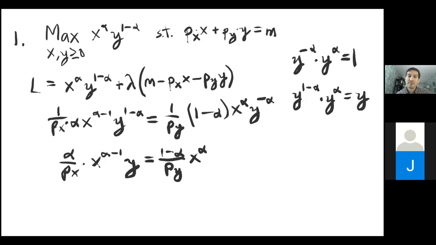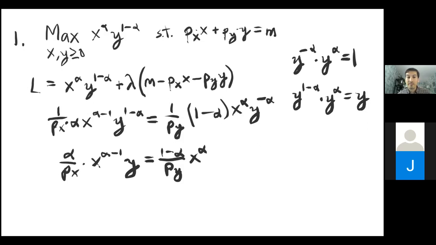Still not done because I have an x on the left side and I want that to go away. So what do I want to do? Multiply both sides by x to the what? How about 1 minus alpha? That'll do it.